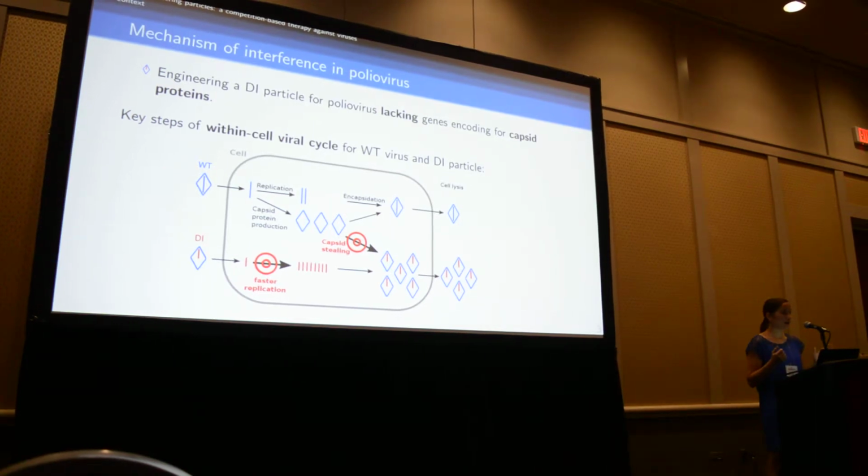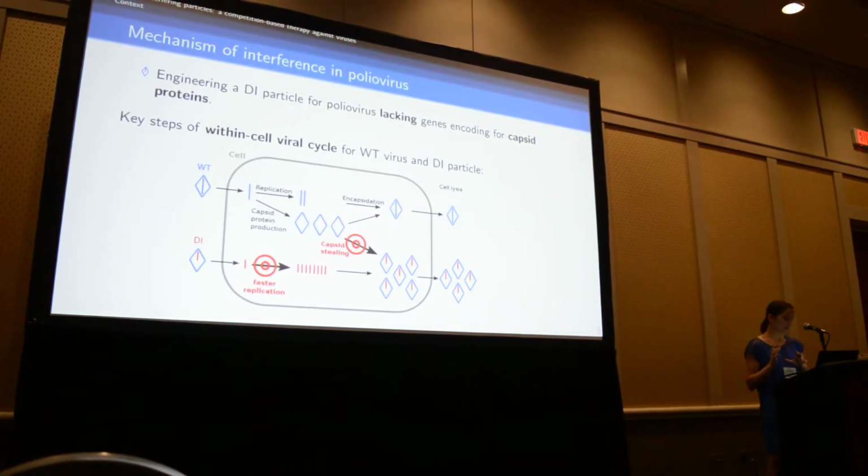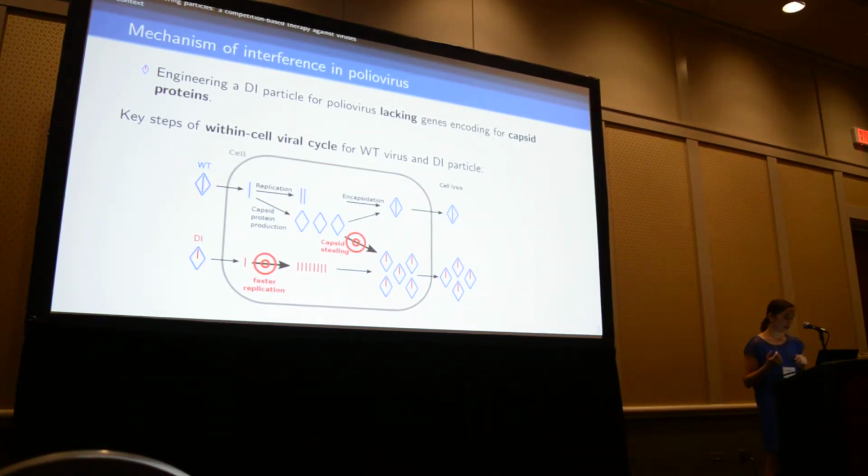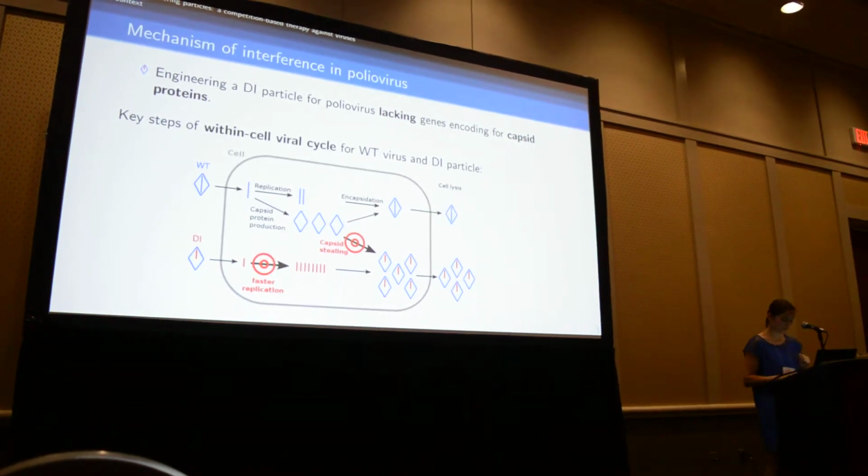And now, if a DI particle infects the same cell, the first thing is that it will replicate faster because its genome is shorter. And then, as I told you, it is lacking the genes encoding for capsid proteins, so it is going to steal the capsid proteins from the wild type to produce its own new virions.